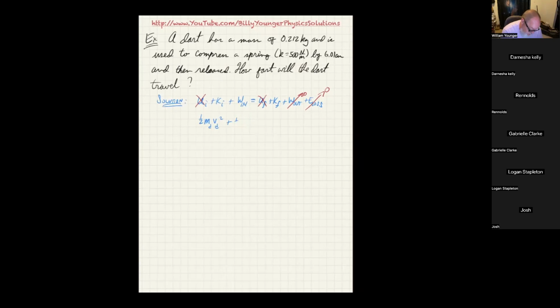Let's get rid of that. Remember, we're loading up the dart, so when we initially push the spring in, the velocity is 0, so the kinetic energy there will be 0. I was wondering how the signs were going to work out, but then I realized it wasn't moving initially. So I'm going to have basically 1/2 kx squared for the work put in.